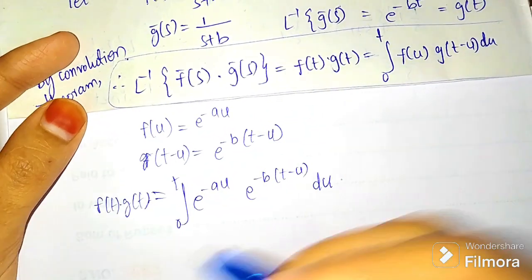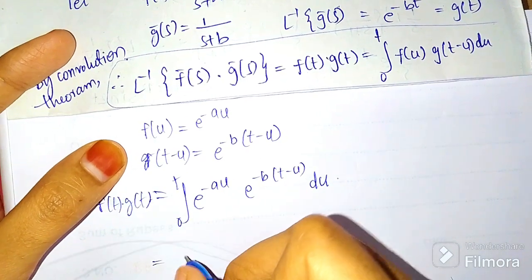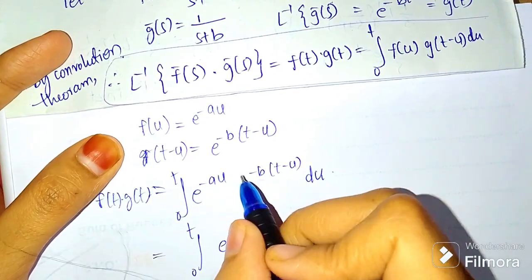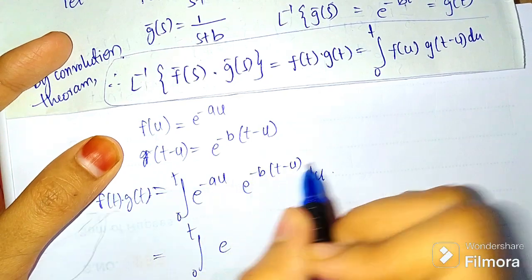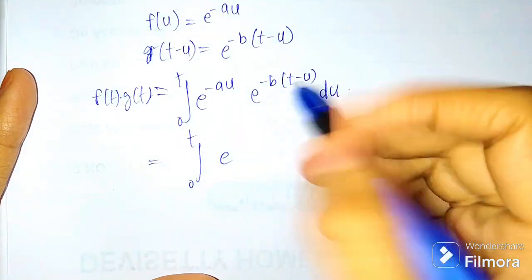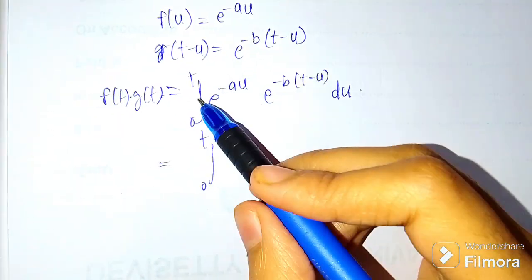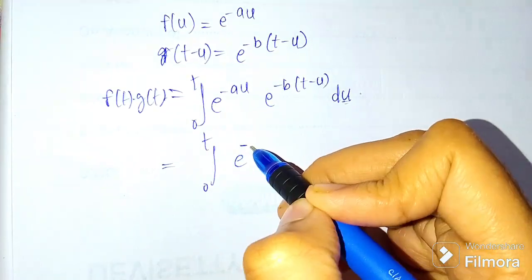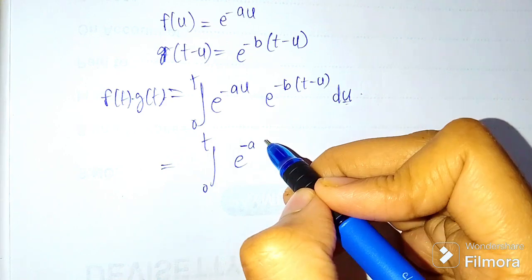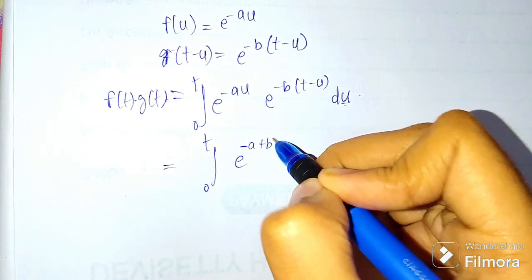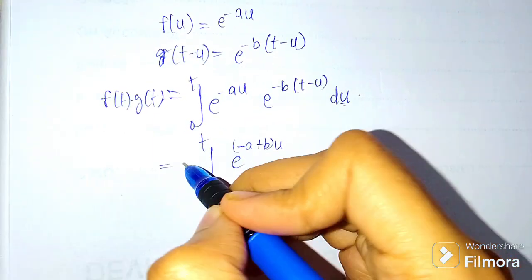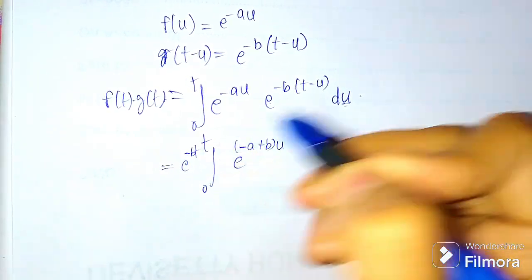Next, a power m into a power n is a power m plus n. So we can write it as e power minus bt times e power minus au plus bu. Here t is constant because we are integrating with respect to u, so we keep only the u terms inside: minus au plus bu. I'm taking e power minus bt outside because it is constant.